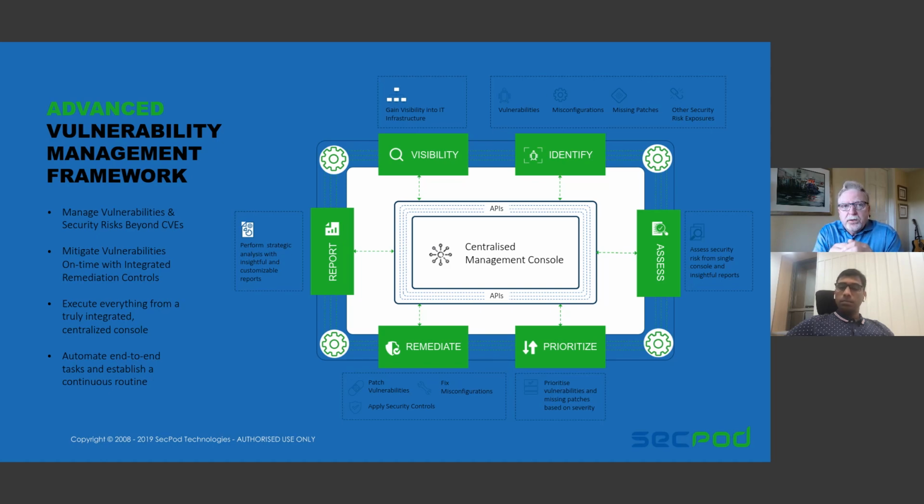One, when it comes to gaining visibility into IT infrastructure, as we talked about earlier, my IT infrastructure might be significantly different than another company's and another one. How comprehensive a visibility are you going after? This is why I asked earlier about what you can do today versus what's the vision.